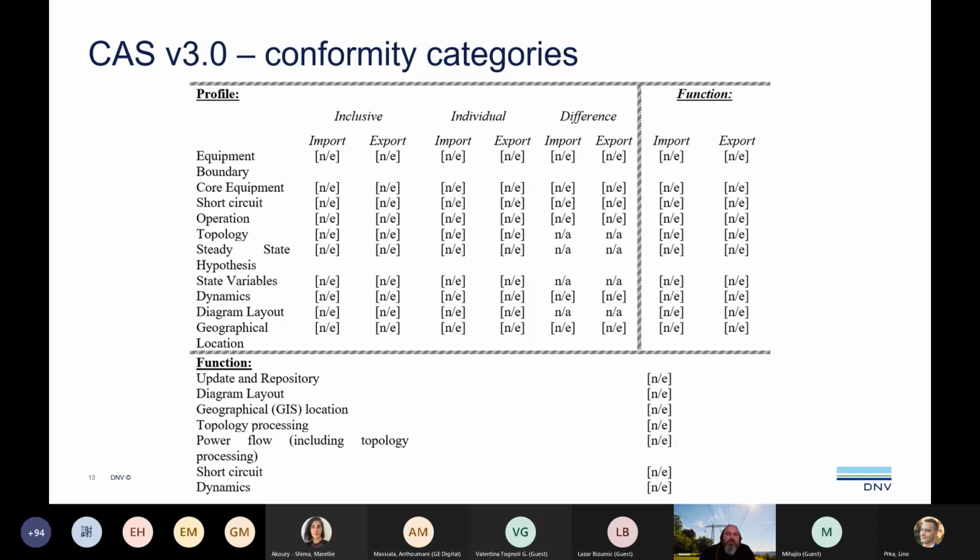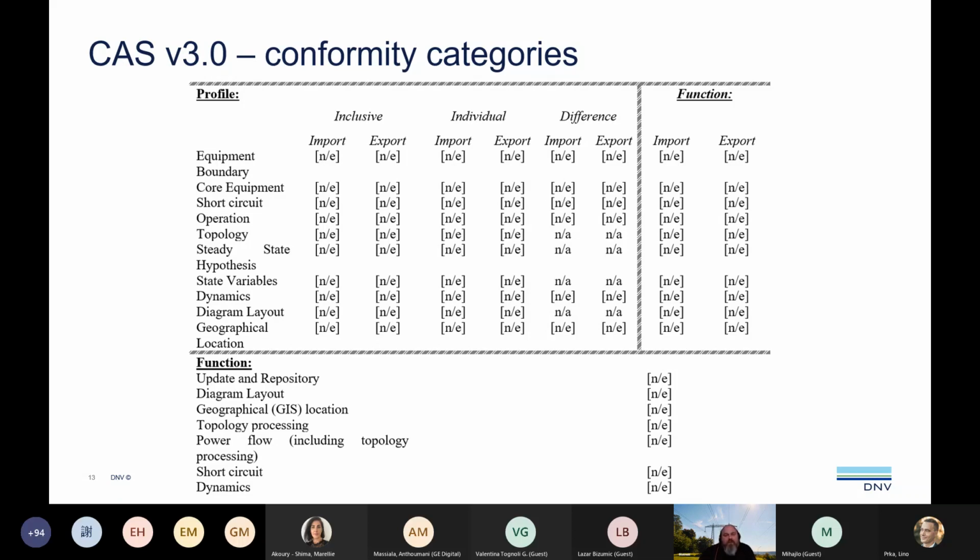As CGMES is primarily looking at exchange, the primary focus is to make sure that tools can exchange information, and not just that the data is exchanged, but also the meaning of the data. So a lot of this functionality is not elaborating on the functionality like topology processing or power flow, but we are trying to cover it in such a way that you do understand the data that the tool is going to import, and what is going to export.